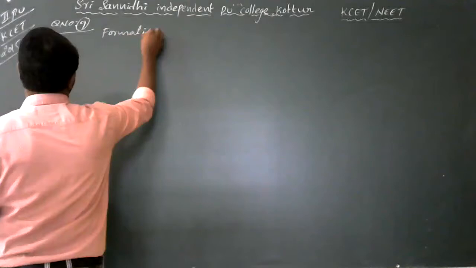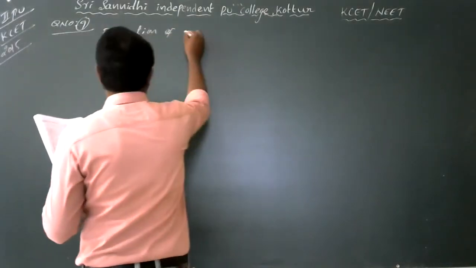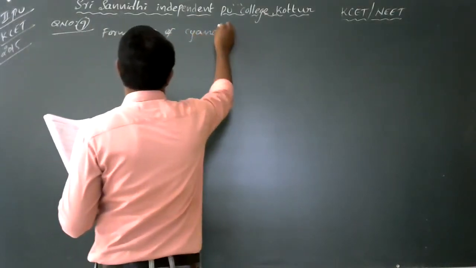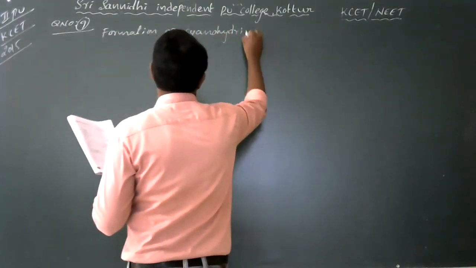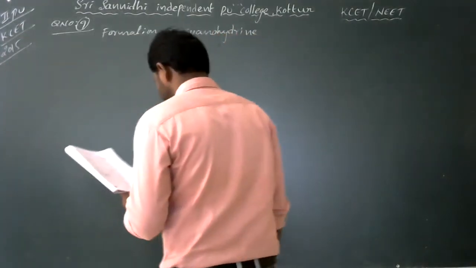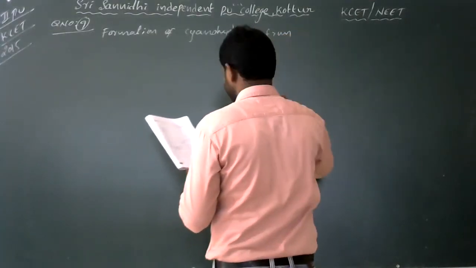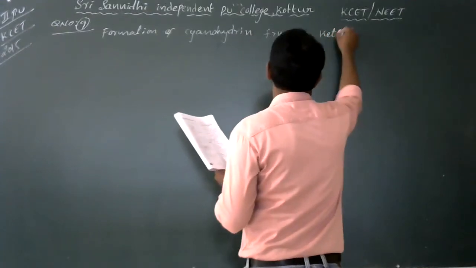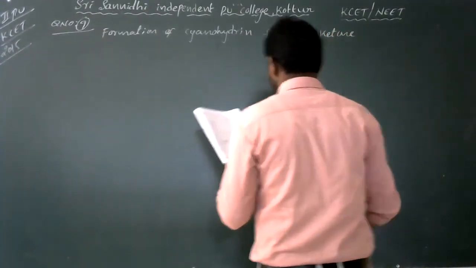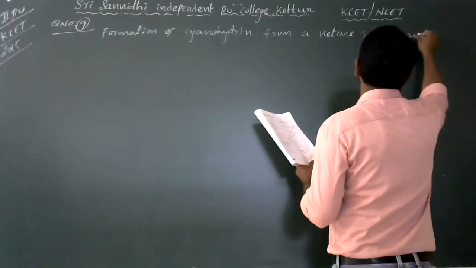Formation of cyanohydrin from a ketone is an example of which?